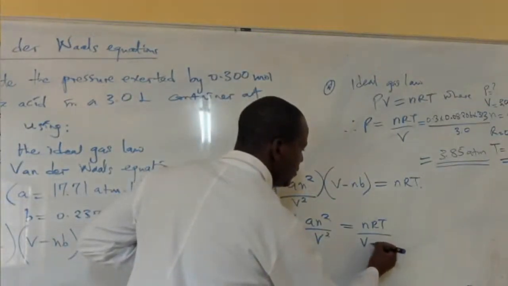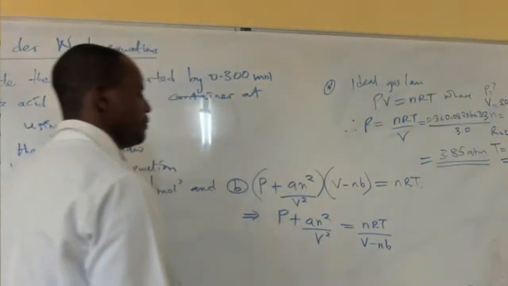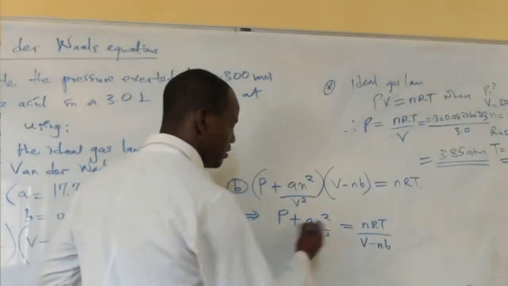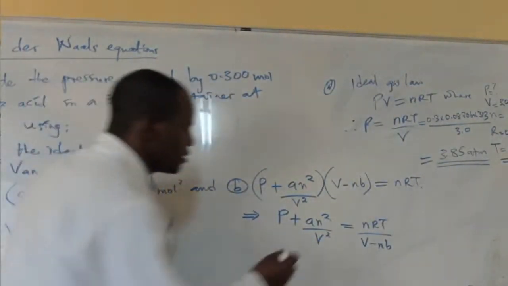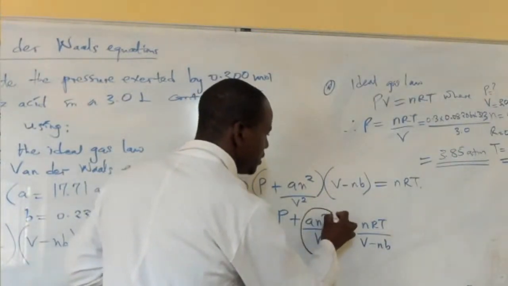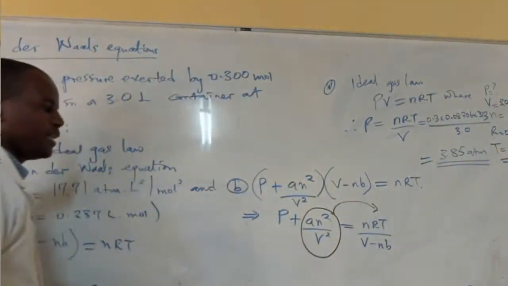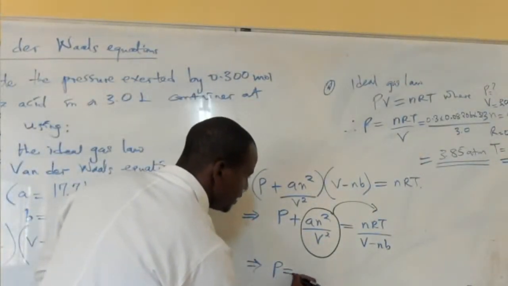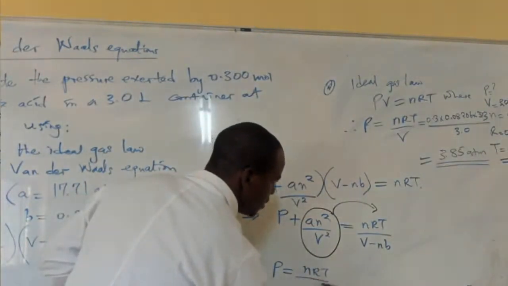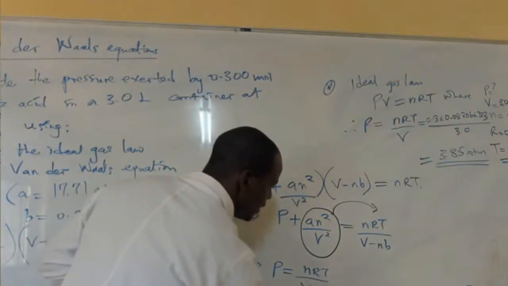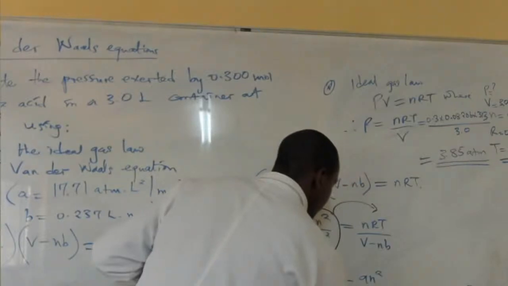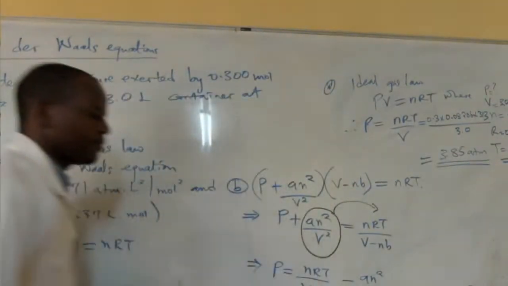If we take that to the other side, what we are going to have is P is equal to nRT divided by V minus nb, minus an squared divided by V squared. Okay.